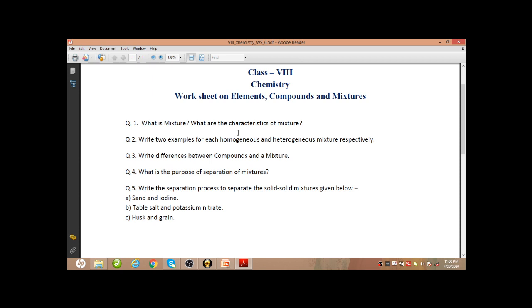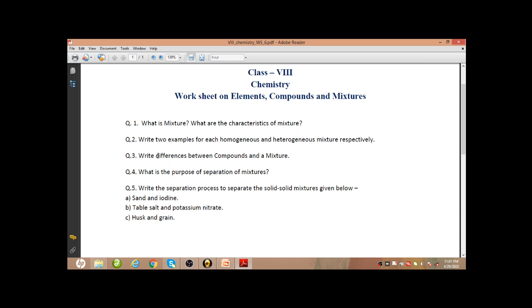Heterogeneous mixture examples can be sand and water, muddy water, stone and sand, or rice and pearls. Oil and water is also a heterogeneous mixture. So any two examples you give.